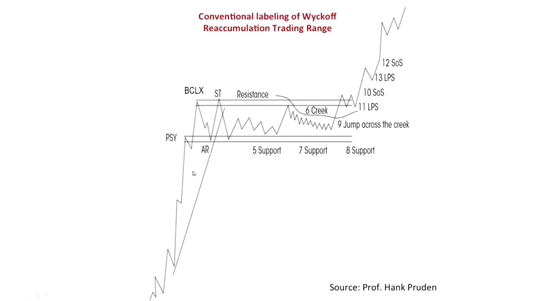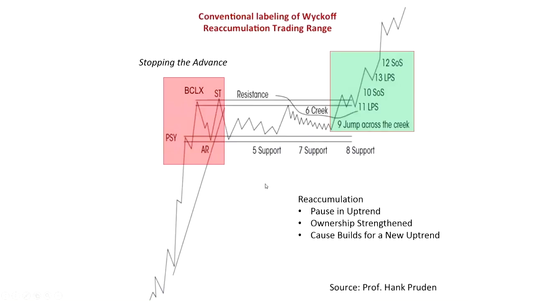The other thing we're going to talk about is this in the context of reaccumulation. So we are looking at a reaccumulation because this is what we had gone through in January. Think of this buying climax as the January peak, and then we go into the automatic reaction into the February lows, and then we build an accumulation.